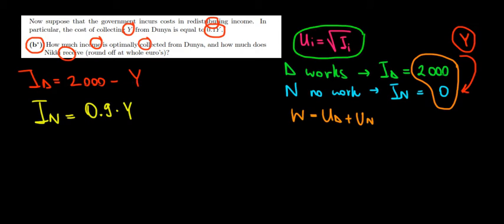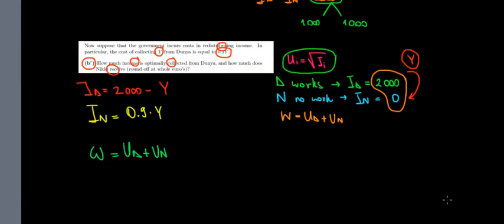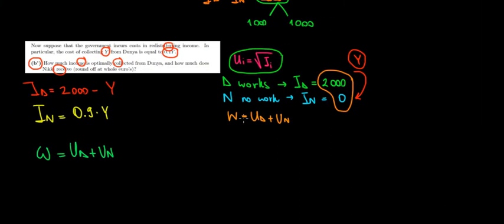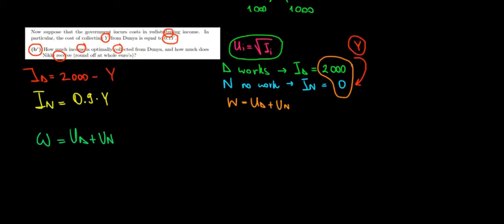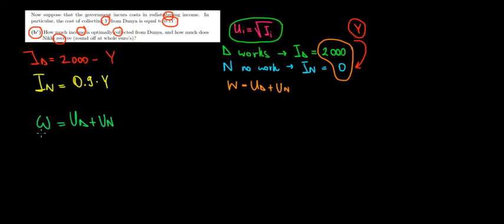What we also know is that social welfare is additive, meaning that the social welfare is equal to the utility of Dunya plus the utility of Nikki. In other words, if we write this with the actual utility functions, because we know them, it's the square root of the incomes. What will the social welfare function look like?